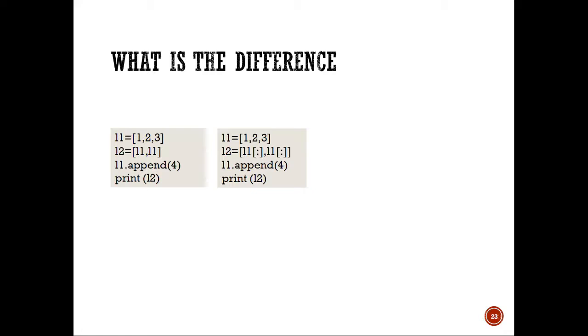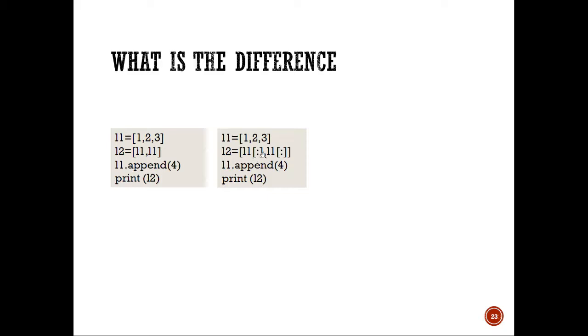Now, if we implement these two blocks of command, you can try it and see that in the first case, when we print L2, L2 will be two lists, each of which will have the values 1, 2, 3, and 4, because here we're using an alias. L2 is an alias of L1, so when L1 is changing, L2 will change.